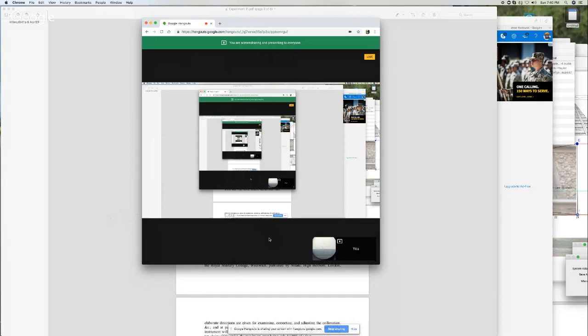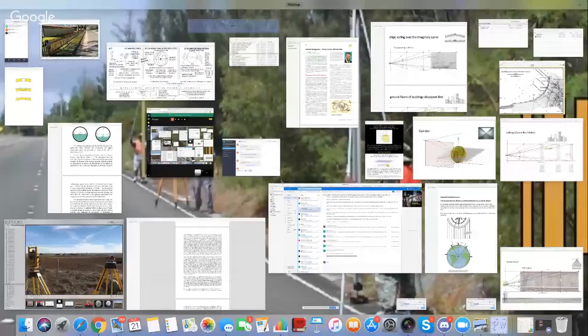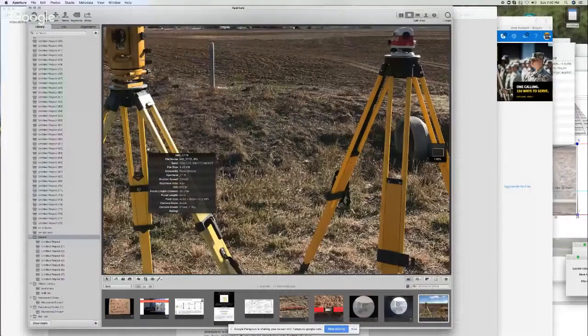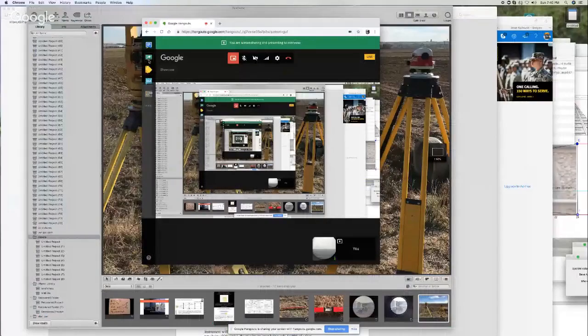So comparing a level instrument that's designed to work out there on that construction site. Can you go back to that picture of that field where your two instruments are set up? Yeah, let me kick it up here. Okay, right here.